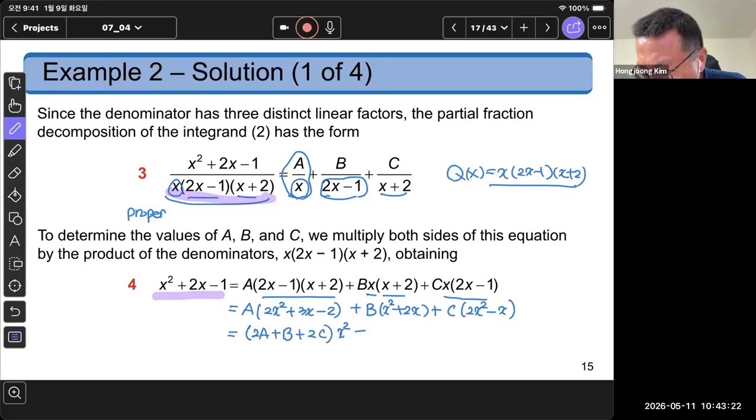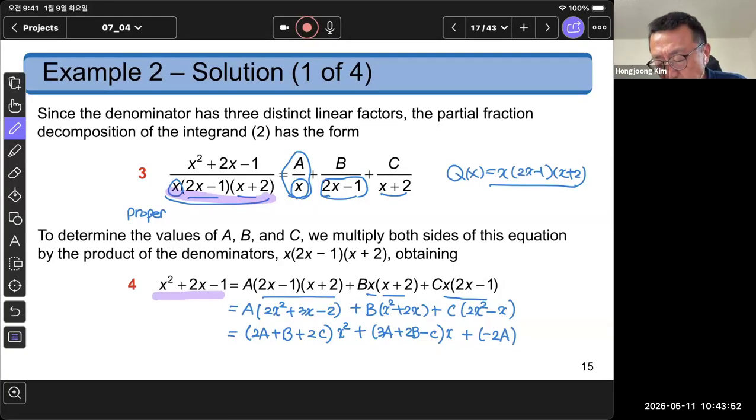And the coefficient of x will be 3A from the first term plus 2B from the second term minus C from the third term. And the constant term will be minus 2A from the first term, and from the second and third term there are no constant terms.